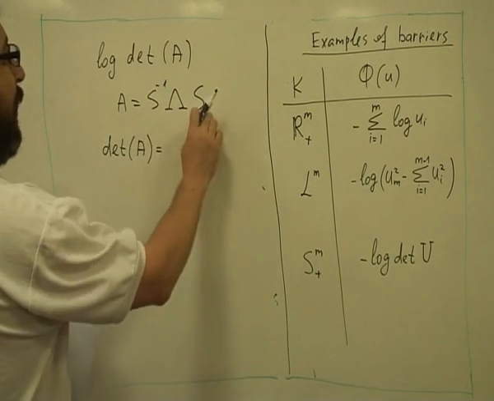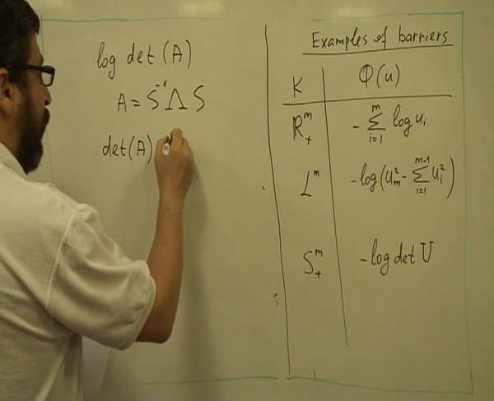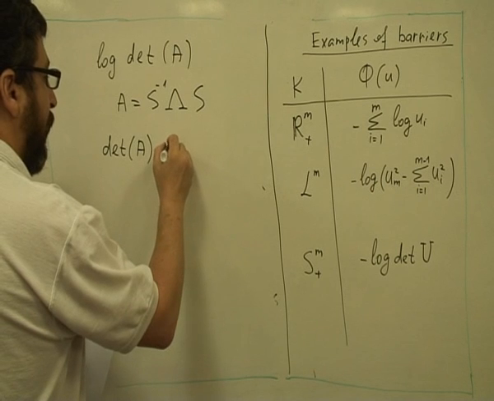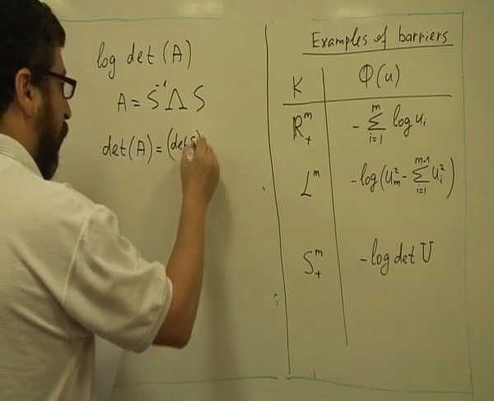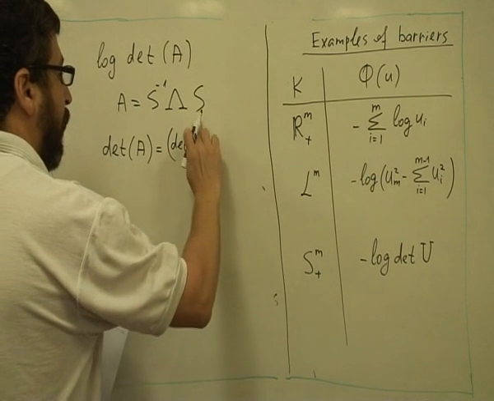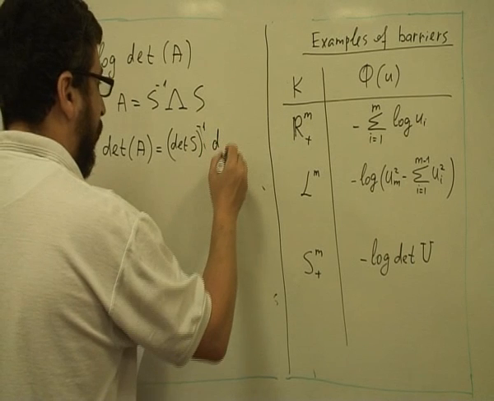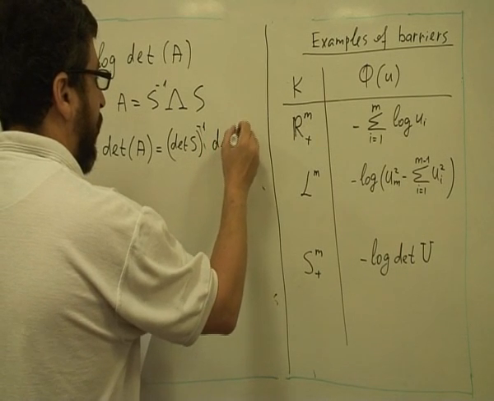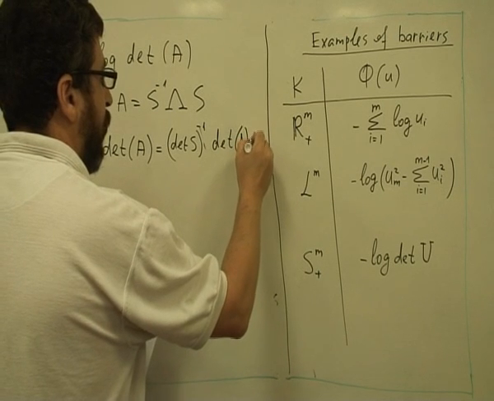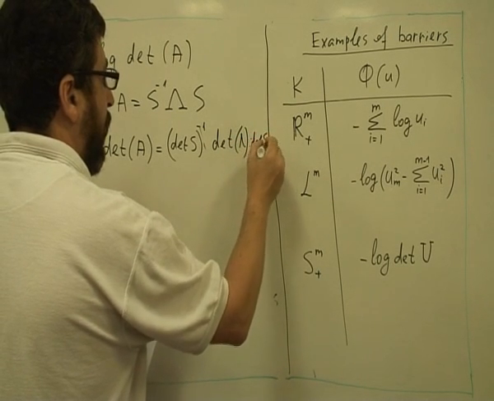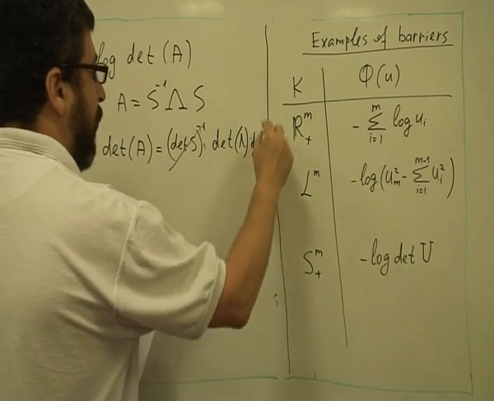And if you take this into account, it will be determinant of S to the power minus 1, determinant of lambda, multiplied by determinant of S. So this will cancel.